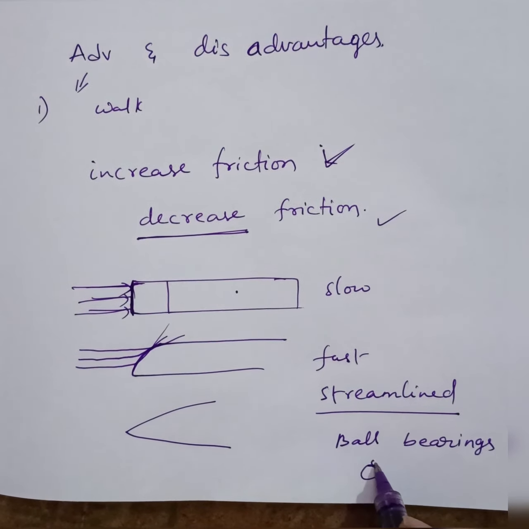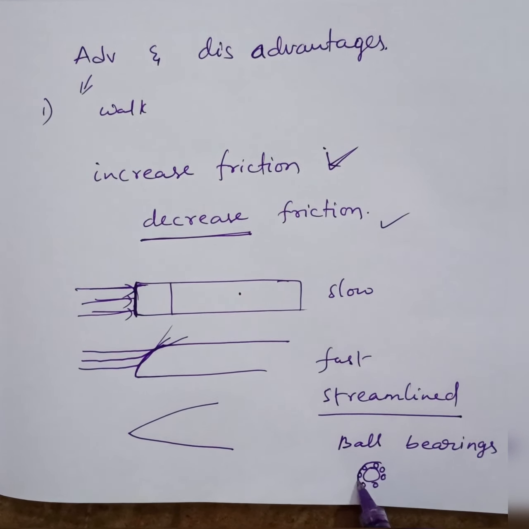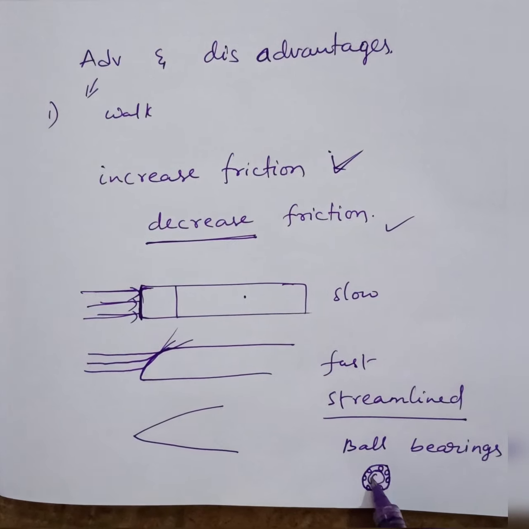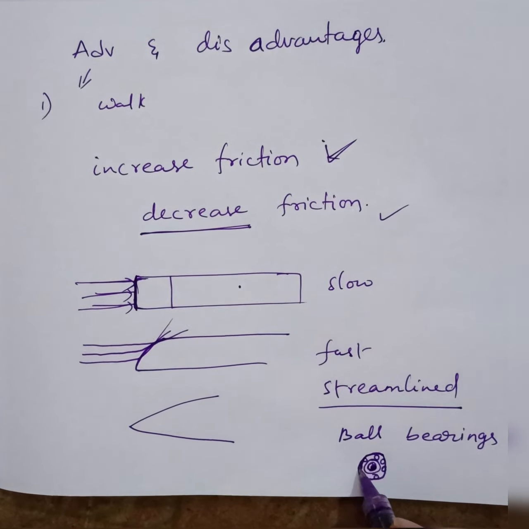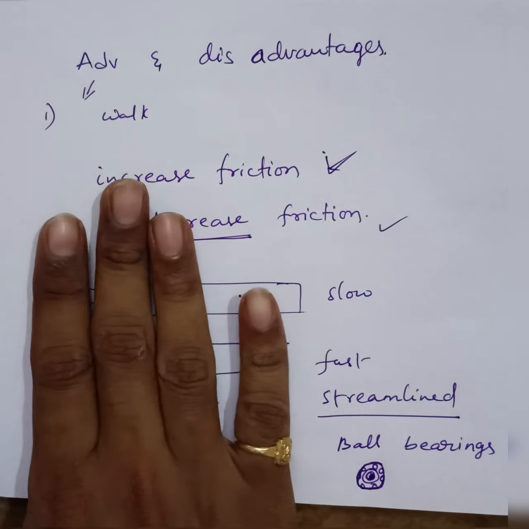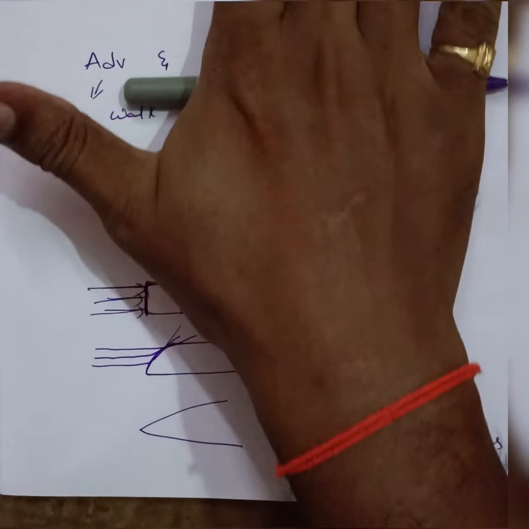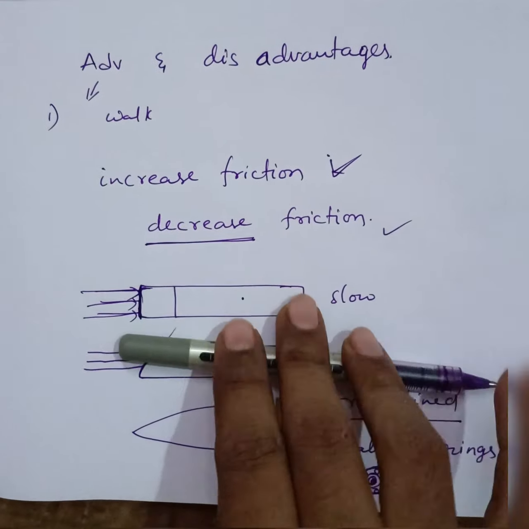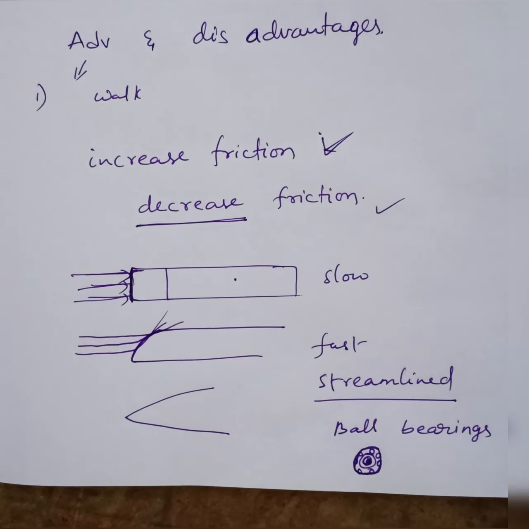Like this, balls will be present. Inside it is connected to the shaft, outside it is connected to the wheels. So instead of sliding like this, it can roll like this. As rolling friction is less, vehicles are moving easily.